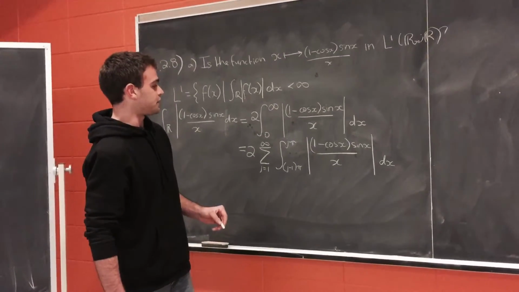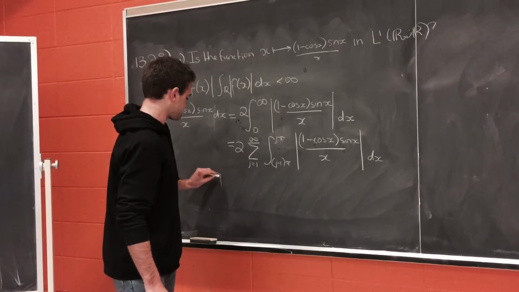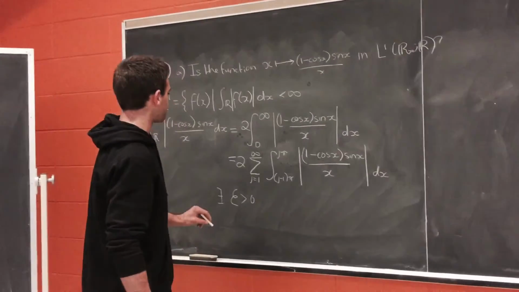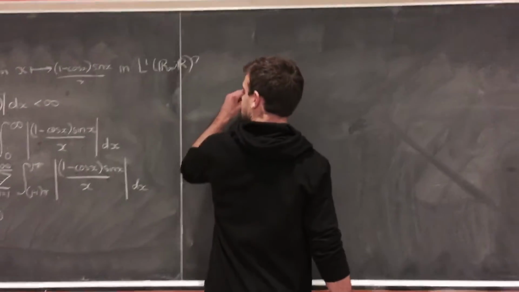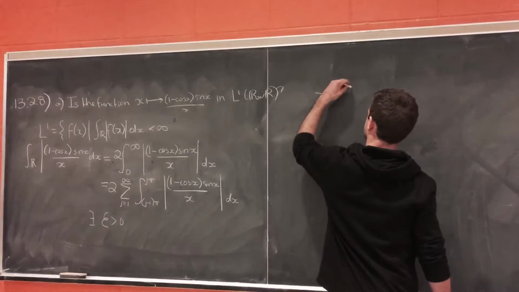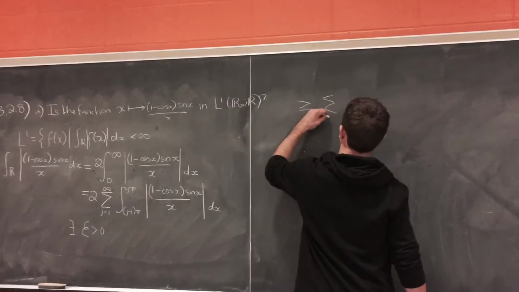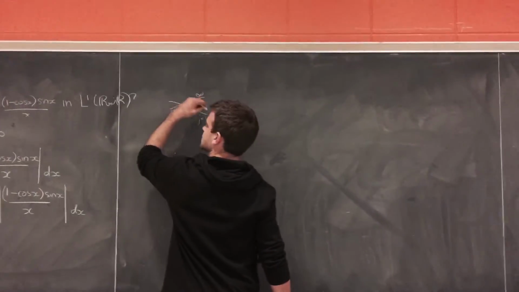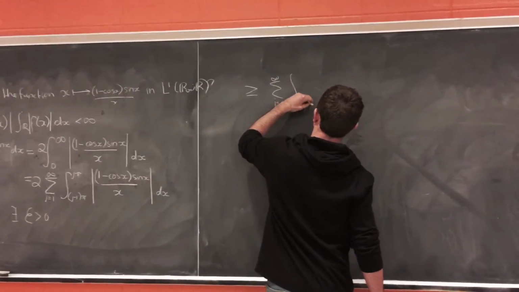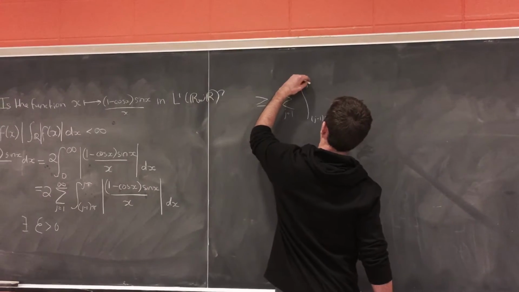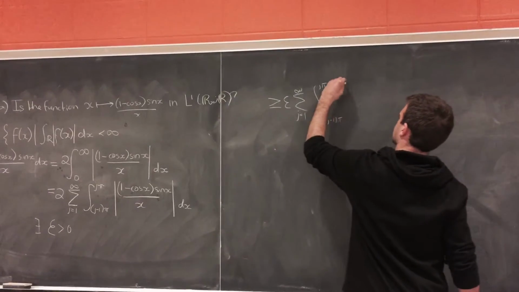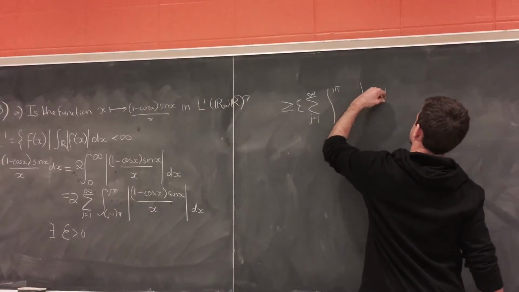So we know that there exists some epsilon greater than 0 for which this sum is greater than or equal to, and I'm just going to drop the 2 because it's extra baggage, the sum of j equals 1 to infinity of the integral from j minus 1 pi to j pi, sorry, I forgot the epsilon, of 1 over x dx.